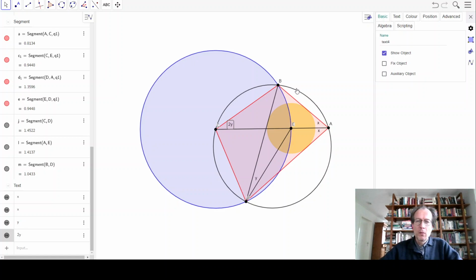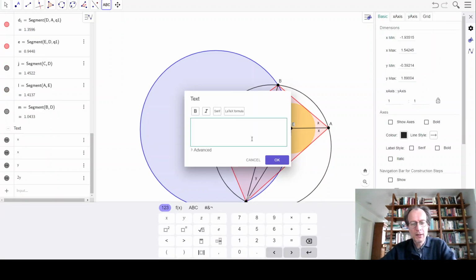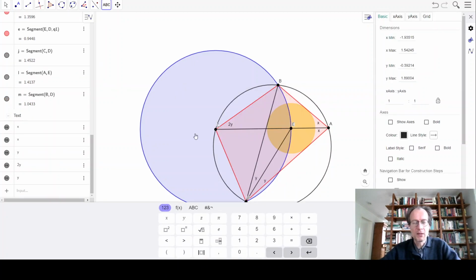Well, now we're going to use the fact that this is a cyclic quadrilateral, which means that the angle BCA is the same as BDA, which is 2y. Well, because we had already half is y, that does mean they add up to 2y, so this one must also be y.